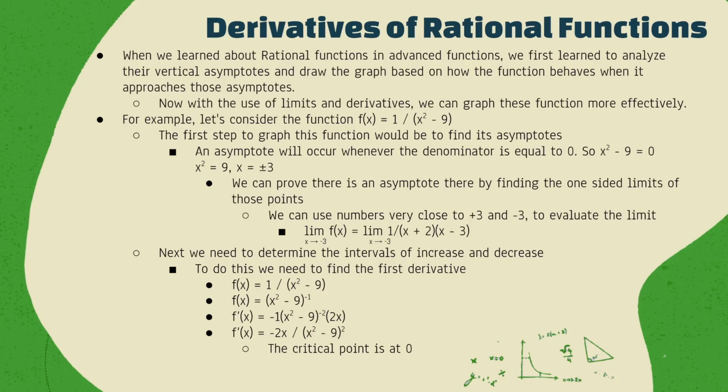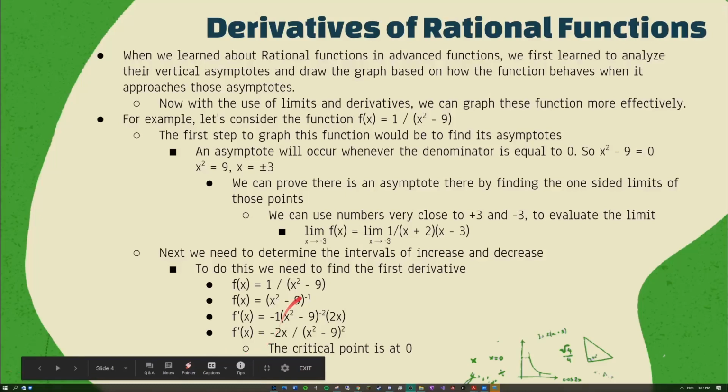The test itself is very, very simple. You just need to find the left-side limit and the right-side limit of that point. If we were to look at x equals -3 and take the limit of f of x as x approaches -3, we would see that we are getting more and more positive as we approach it from the left-hand side.